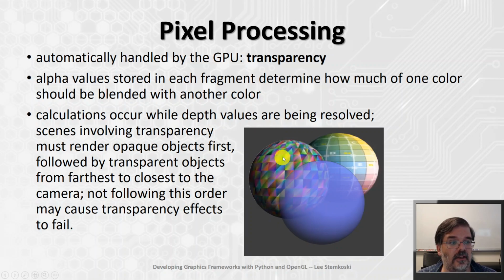That means the colors on this sphere would be discarded. Right? And you wouldn't see this part of the sphere behind the blue transparent sphere. In this scene, you would have to render these two opaque spheres first, and then this transparent sphere last. Right? And it's really useful to understand how the GPU works, because understanding that will enable you to render more complex three-dimensional scenes.